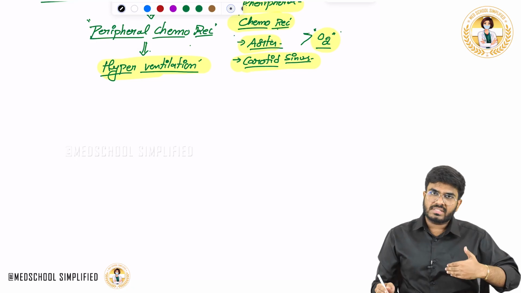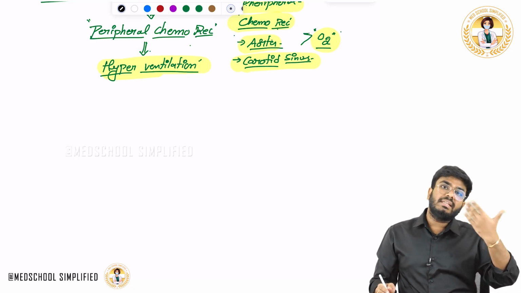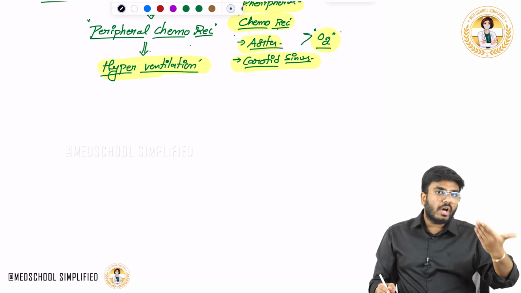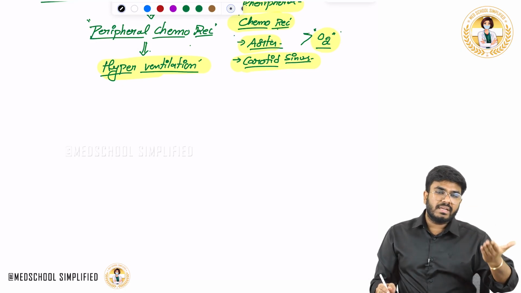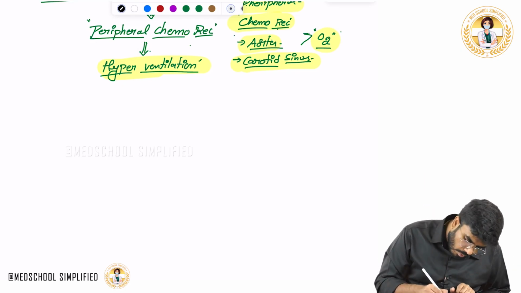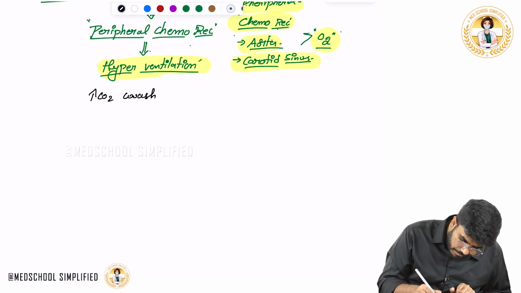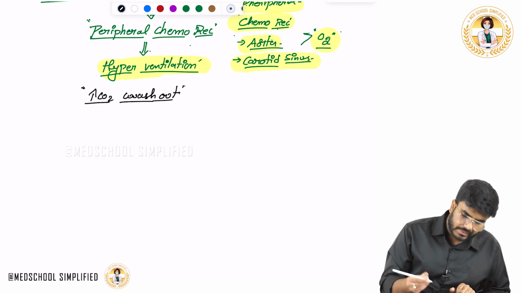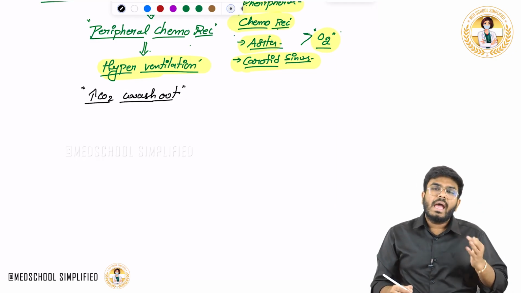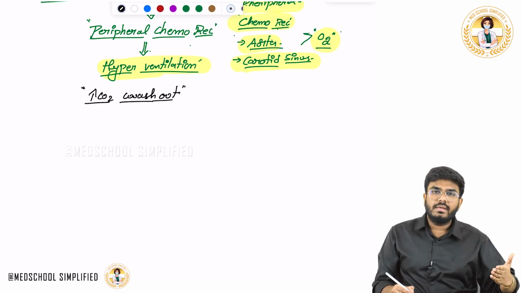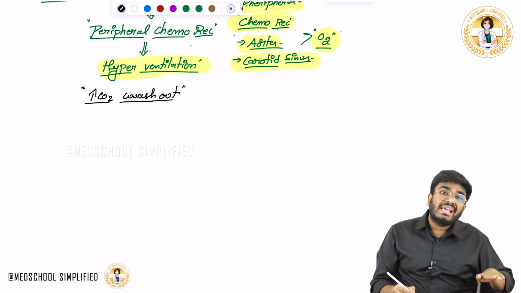you are getting more oxygen. At the same time, you are excreting more carbon dioxide. Carbon dioxide is washed out, so more carbon dioxide will be washed out of your body. Carbon dioxide is the source of acid in the body. As you are removing the carbon dioxide, you will decrease the acid production in the body.